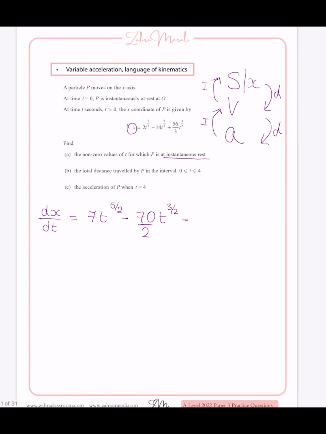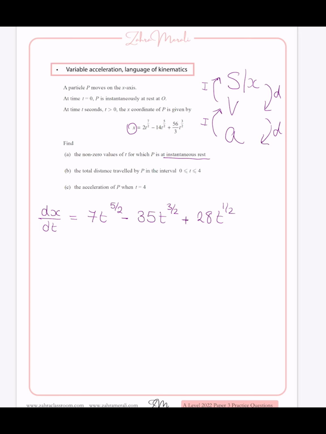And then you've got 56 over 3 times by 3 over 2, which is going to give you 28. And that's going to be t to the power of a half. Okay, I'm going to change that. I probably should have done that in one go and made that 35 straight away.